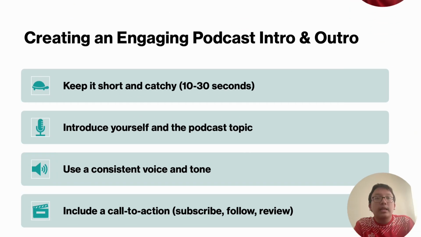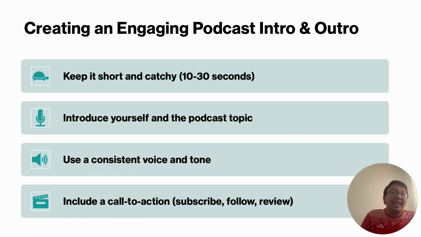Next is creating an engaging intro and outro. Now, personally, I know here it says 10 to 30 seconds, but in my opinion, it should be shorter, like 5 to 10 seconds, because you just want to introduce yourself and introduce the podcast, so that your audience doesn't get distracted by your intro words.